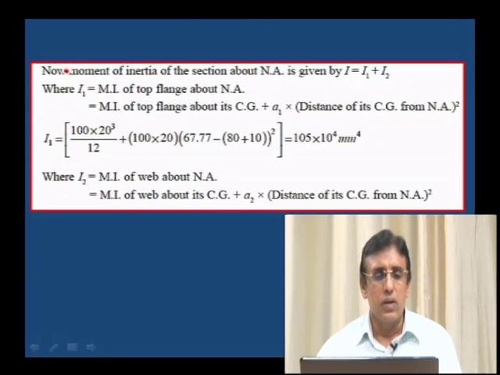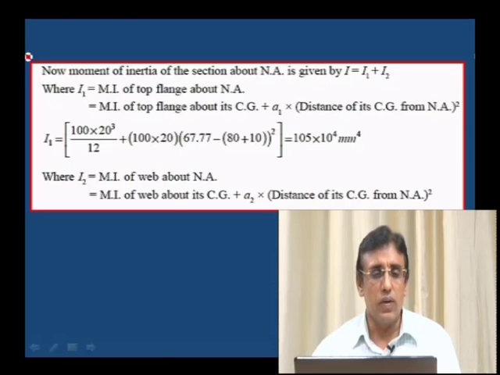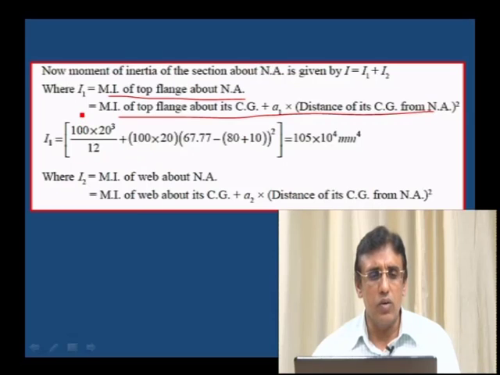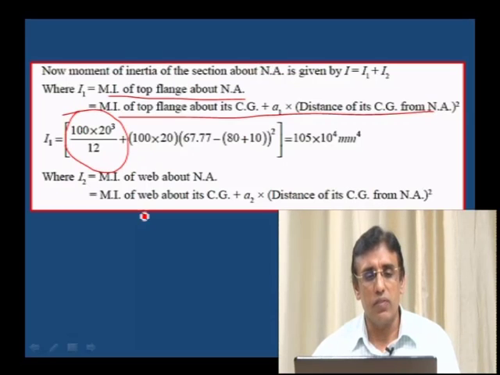And then we should know the I value also. For calculating the I value, for two figures, I1 is for the top flange about the neutral axis. Moment of inertia of the top flange about the neutral axis is given by the moment of inertia of the rectangular portion plus A into the distance of the CG from the neutral axis. That is BD cube by 12 for the first figure.